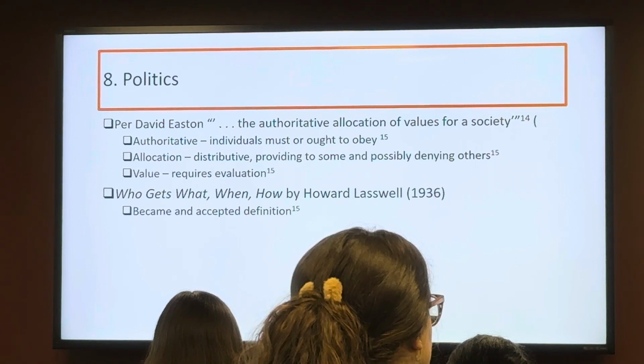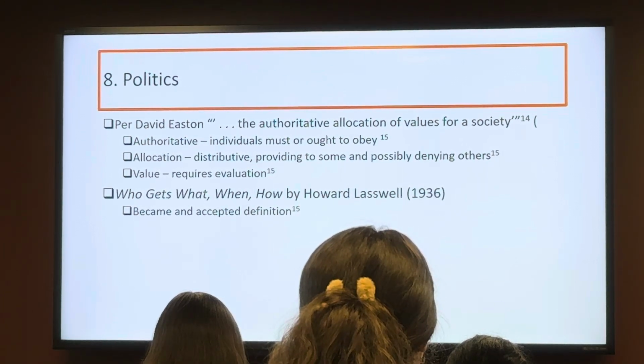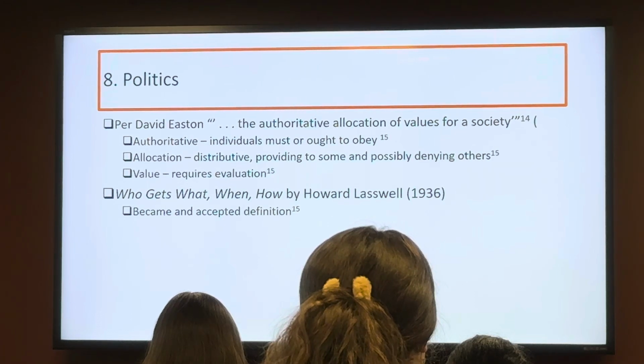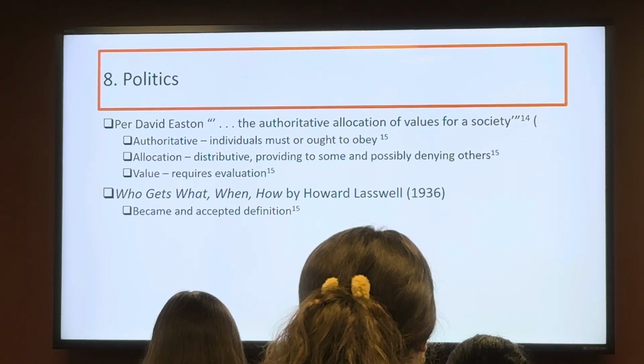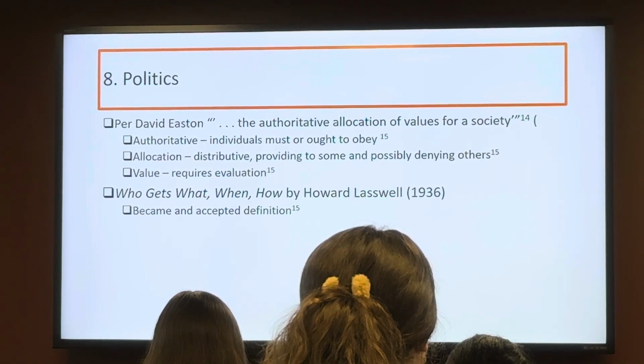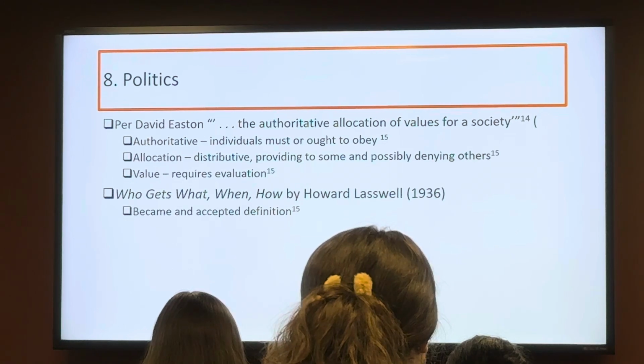It also involves allocation, the distribution that provides something to someone while possibly denying others. And it also is based on values, which requires some evaluation to see whether it works or not. So, we know policy is whatever the government decides to do.